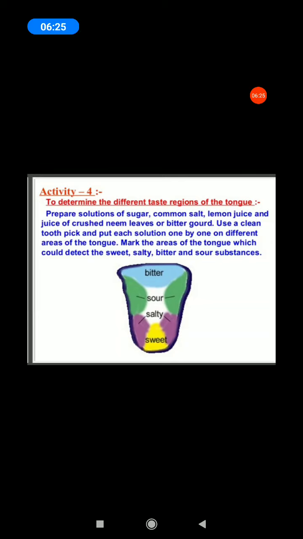Listen, to determine the different taste regions of the tongue. The tongue is a fleshy muscular organ attached at the back to the floor of the buccal cavity.